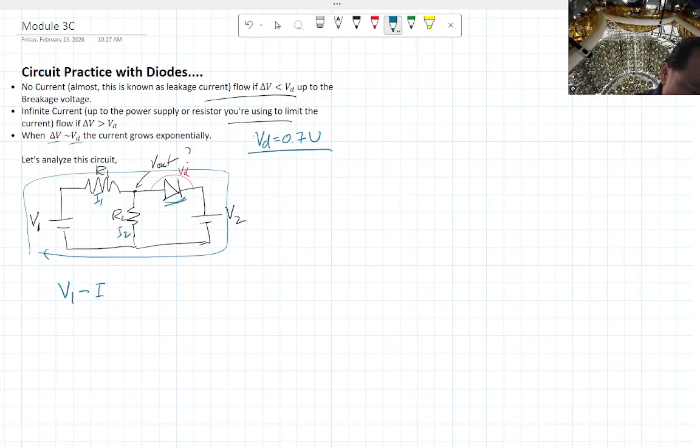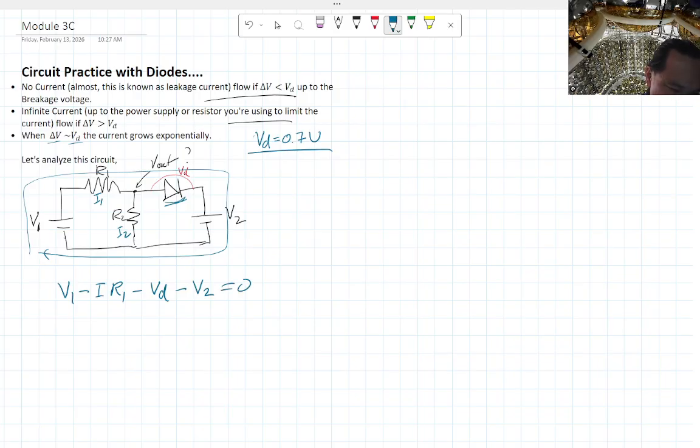The current going across the diode is actually I3, but we don't need that because we don't have a resistor there. Minus R1. Then we have a diode drop across this, because that's the next thing we see. Then we run into V2, which is in the opposite direction, so we have a negative of that, and now we're back in the same place.